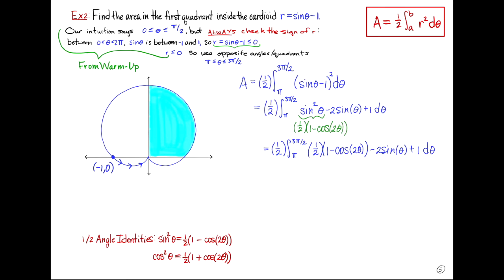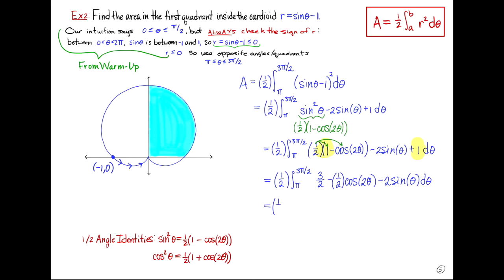To make the algebra a little easier, let's distribute this 1/2, and then we'll add the 1/2 plus 1, giving us 1/2 the integral from pi to 3 pi over 2. 1/2 plus 1 is 3/2 minus 1/2 cosine 2 theta minus 2 sine theta d theta.